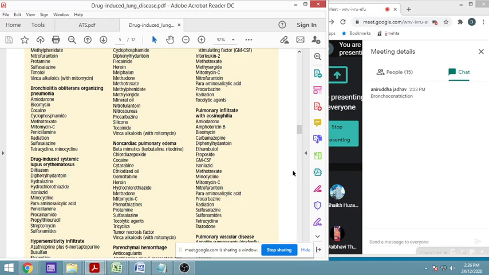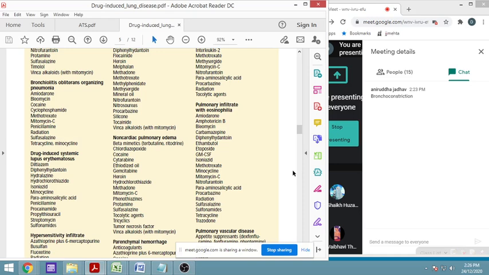Examples of drugs are diltiazem, diphenhydramine, hydralazine, hydrochlorothiazide, isoniazid, minocycline, para-aminosalicylic acid, penicillamine, procainamide, propylthiouracil, streptomycin, sulfonamide. Then hypersensitivity reaction and infiltration, these are azathioprine plus 6-mercaptopurine, busulfan, fluoxetine.